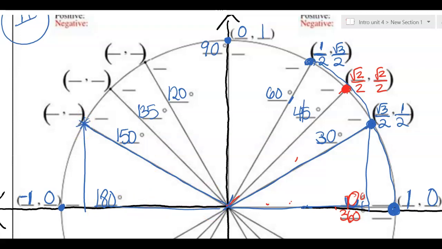Is that okay with everybody? Can you see that if I reflect it? Now, did I change the size of the triangle when I reflected it over? No. So we already knew in this triangle that the x was rad 3 over 2 and the y was 1/2. So if I take it and I just go like this, this distance is still rad 3 over 2, and this distance is still 1/2.